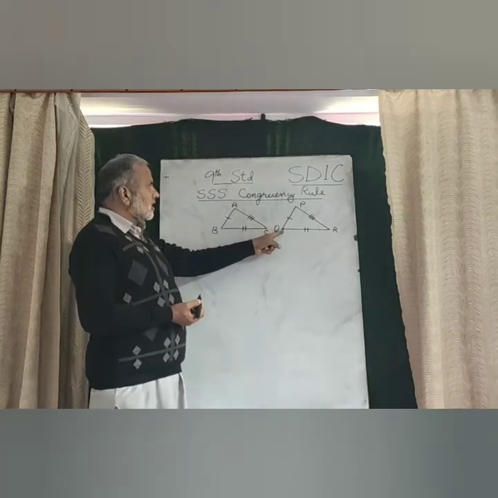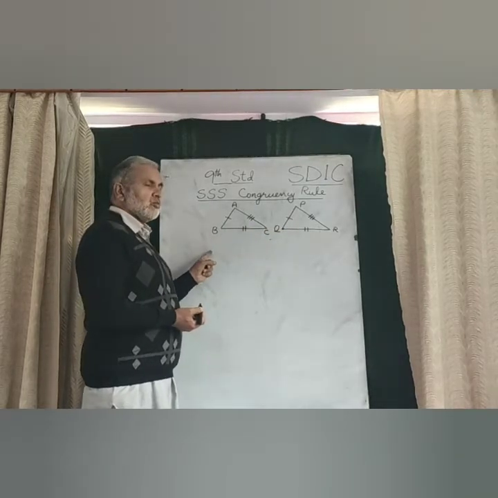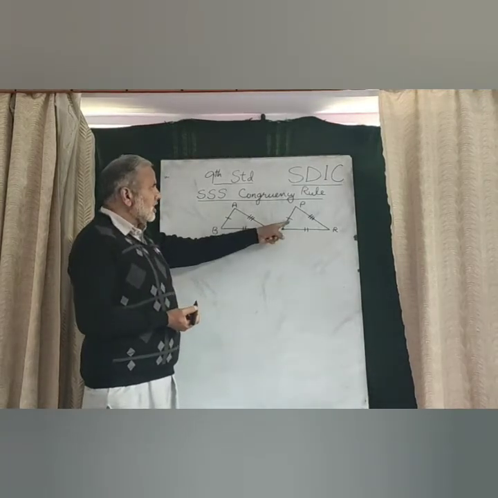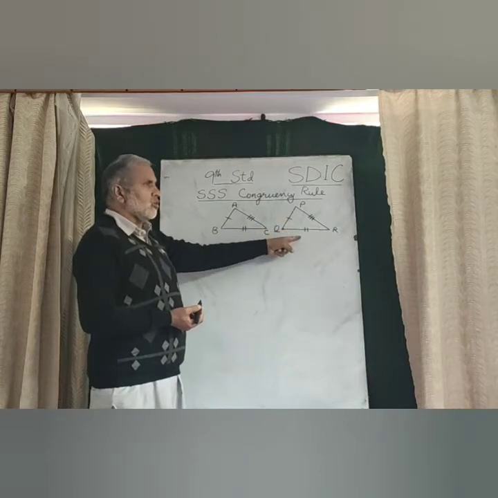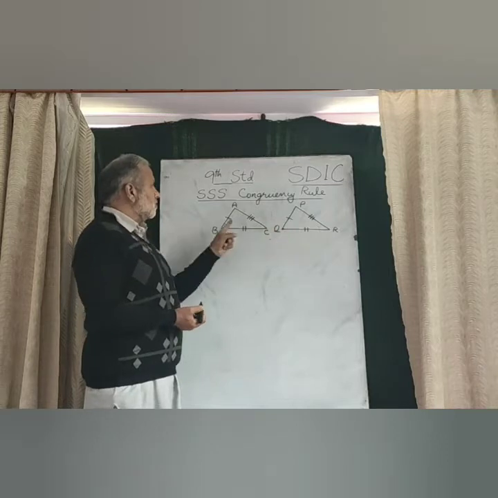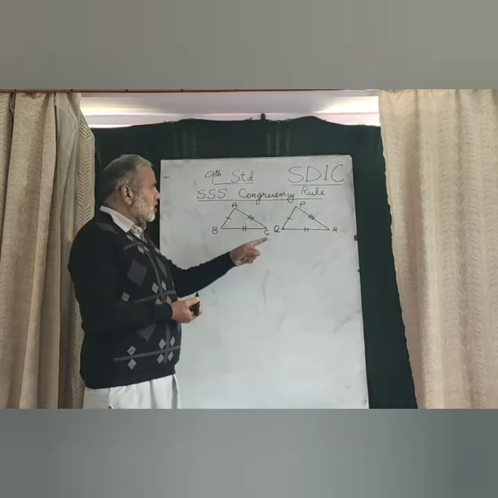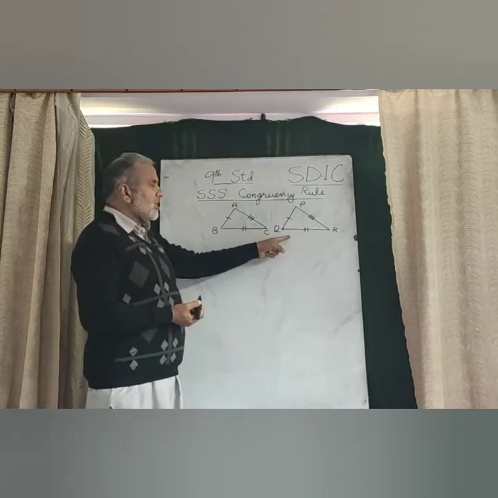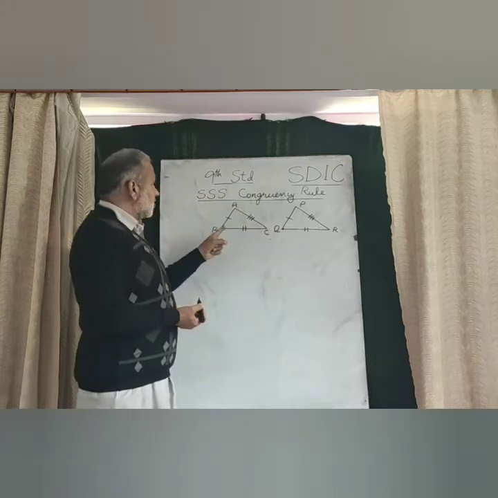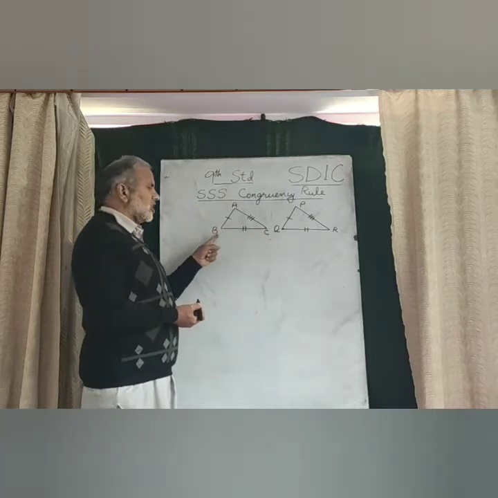Since Q is the common endpoint, we'll find which is the common endpoint of the sides equal in lengths to these two sides, PQ and QR, in this triangle. PQ is equal to AB, QR is equal to BC, and the common endpoint here is B. Therefore, at Q we will make an angle which is equal in measurement to the angle B. Corresponding point of Q in this triangle is B.